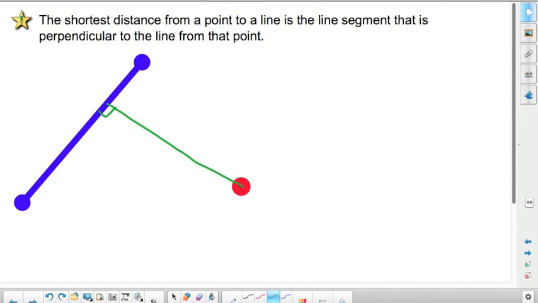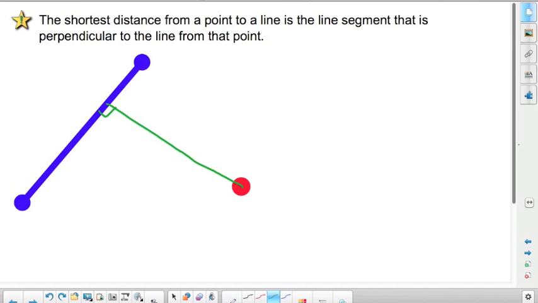Okay? So if I draw a line from this point to the line, if I make a cross at 90 degrees, that line is the shortest distance to that line. Well, or from the line to the point, yes.